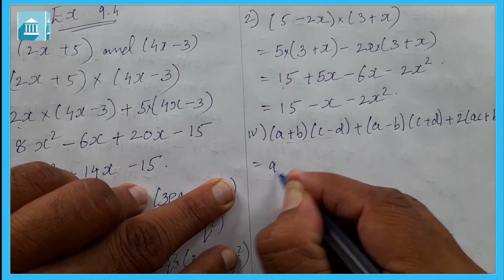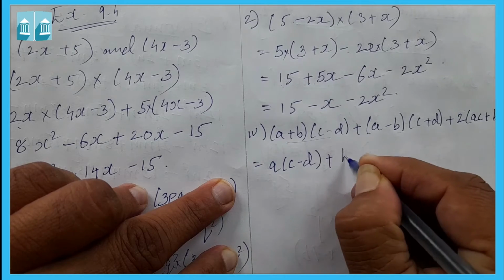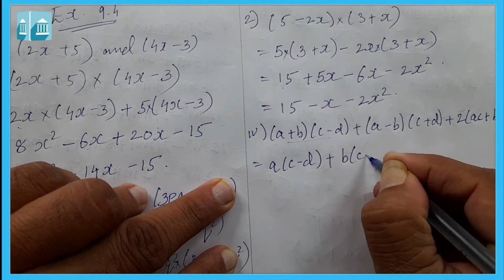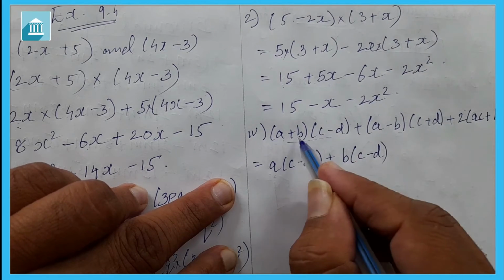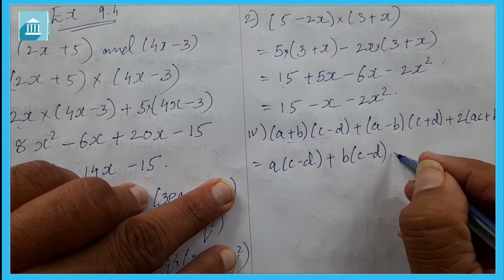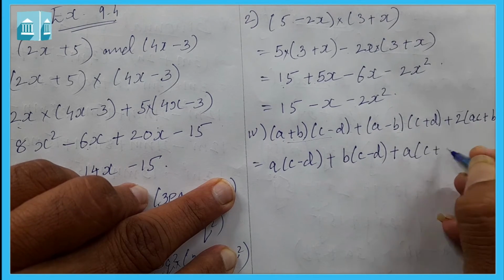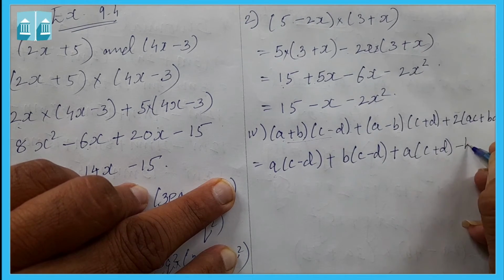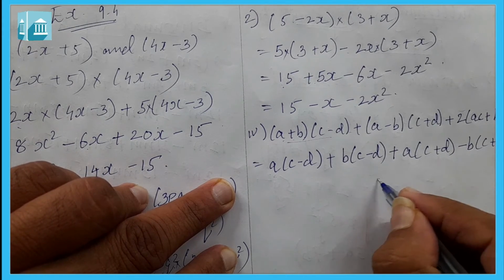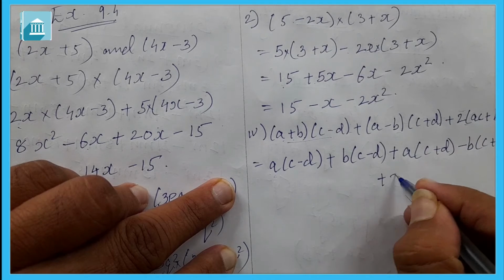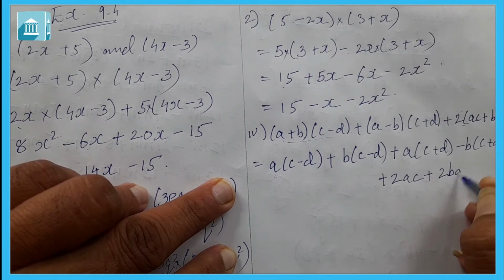So this will be a into c minus d plus b into c minus d, plus a into c plus d minus b into c plus d, plus this will become 2ac plus 2bd.